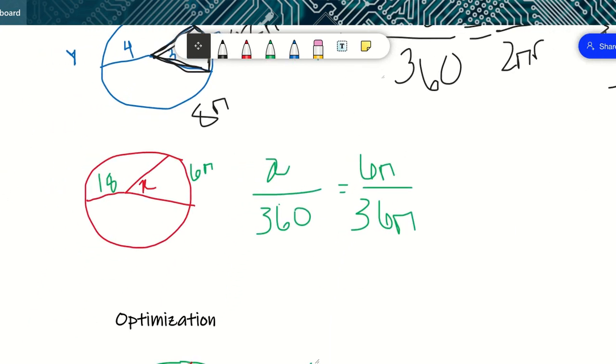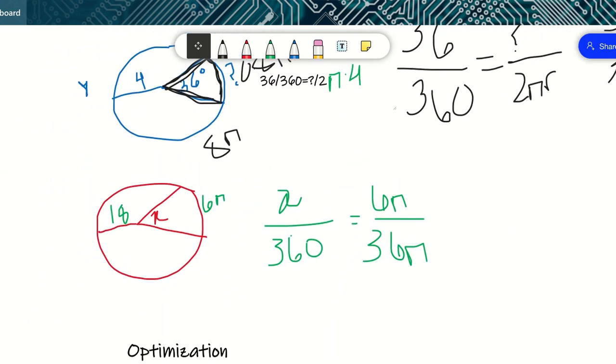Okay, the next thing I wanted to talk about is still arcs. However, instead of finding the length of an arc, we're trying to find the degree. So let's look at this problem. We know the arc length is 6 pi, and we know that the radius is 18, and we're trying to find what this x is.